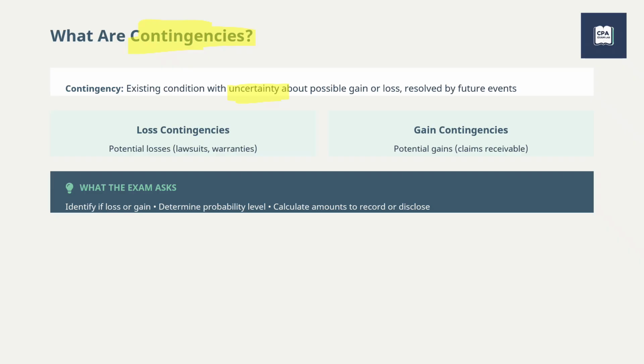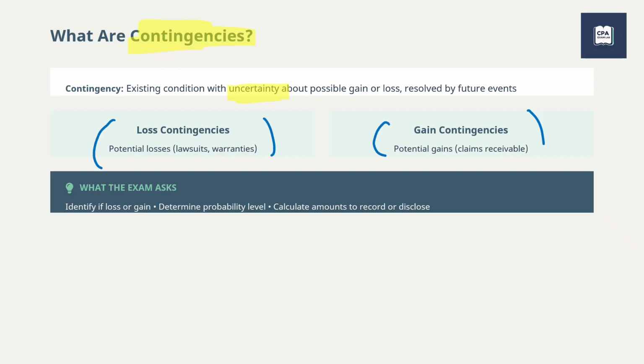The first one is a loss contingency, which is maybe a potential lawsuit, maybe a warranty, or maybe an environmental cleanup obligation that we do not know whether it's certain or not. And the second is gain contingencies. Maybe the company sued someone and we are expected to get something, or maybe we are expecting some insurance payout. Those are all considered gain contingencies.